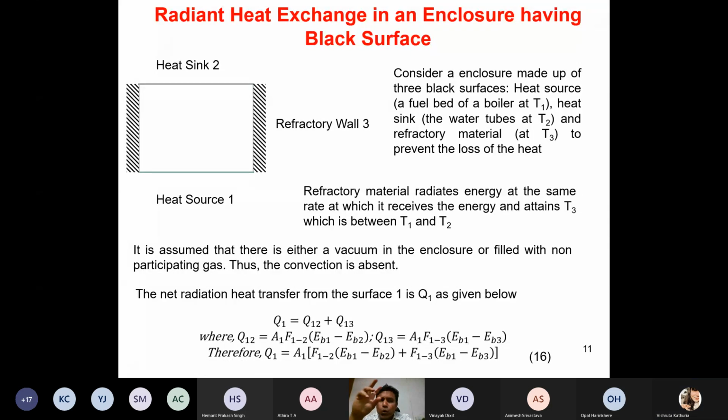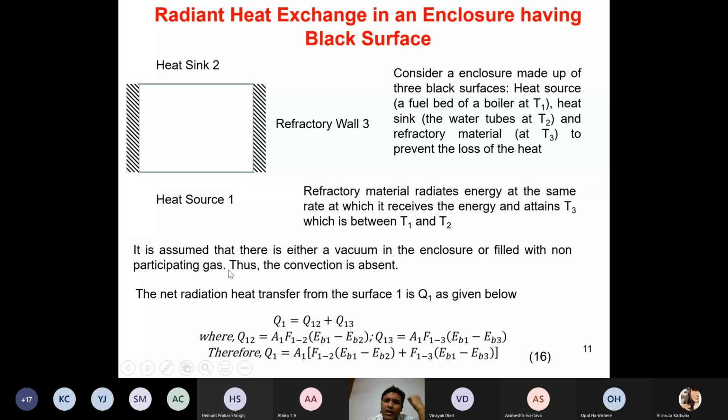Now Q12 we can write in terms of the emissive powers and the shape factors, isn't it? So Q12 can be written as A1 F12 (EB1 minus EB2). Of the amount of heat radiated from the surface, only part of that is flowing in the direction of A2. How much is flowing in the direction of A2 is accounted for using the shape factor F12, multiplied by area A1.